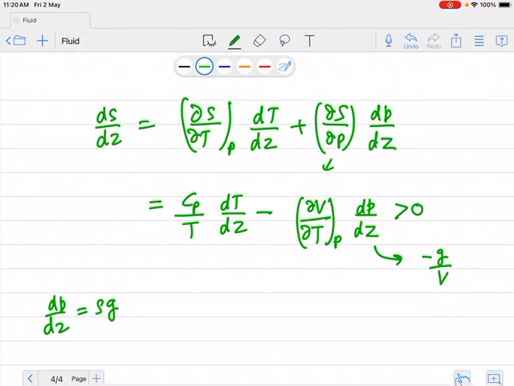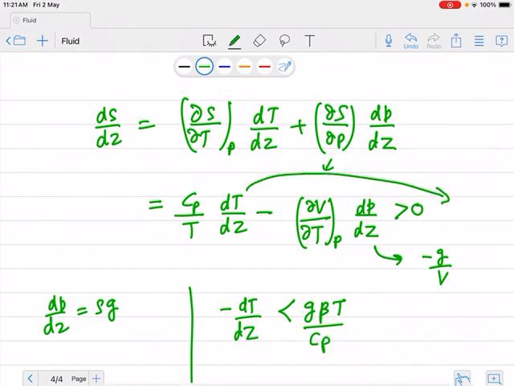So it means minus dT upon dz is less than g beta T upon Cp. Just put it this side. What is beta? Beta is the thermal expansion coefficient.